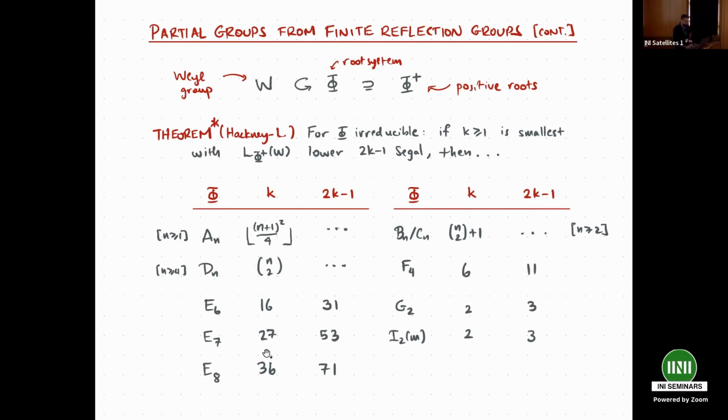A nice example: E8, K is 36. And so for E8, the Weyl group with the longest element taken out is 71 Segal, but not 70 Segal. So that's sort of interesting. That's all I have. Thank you.